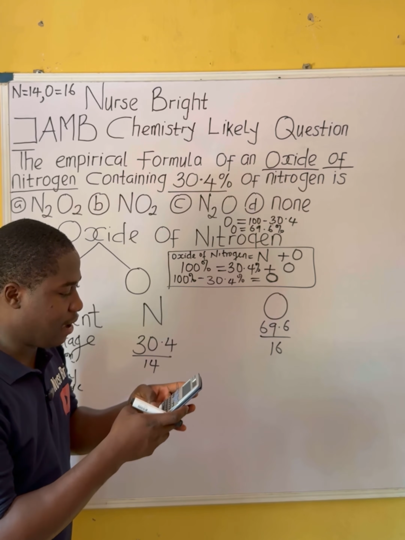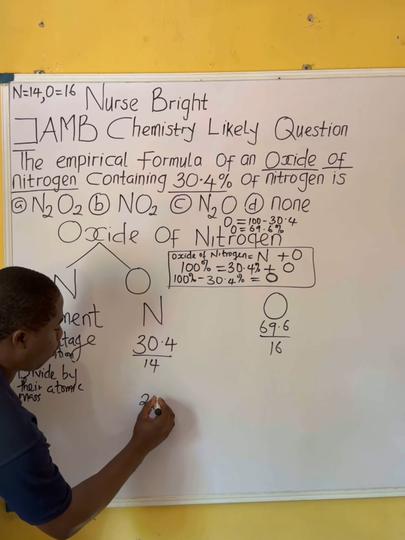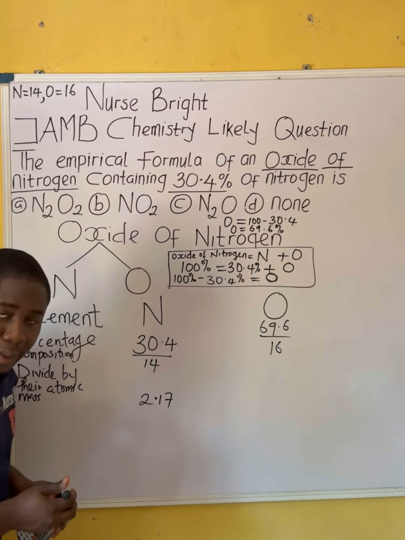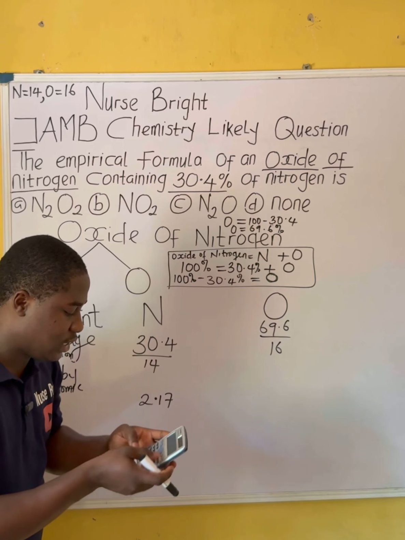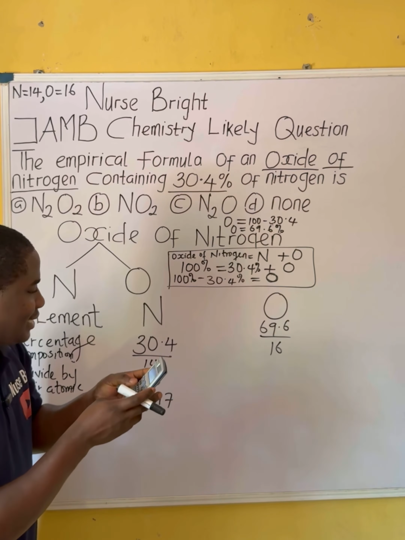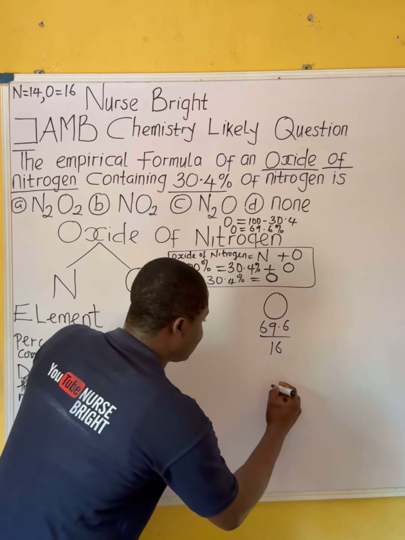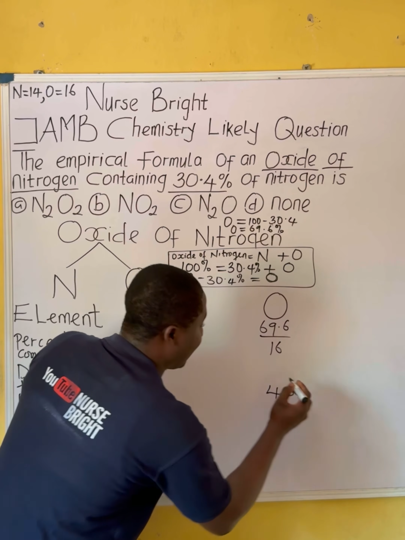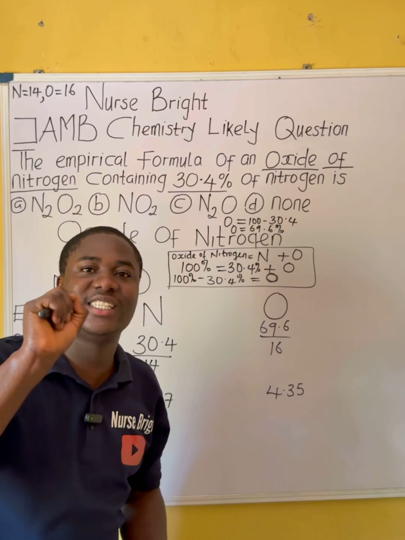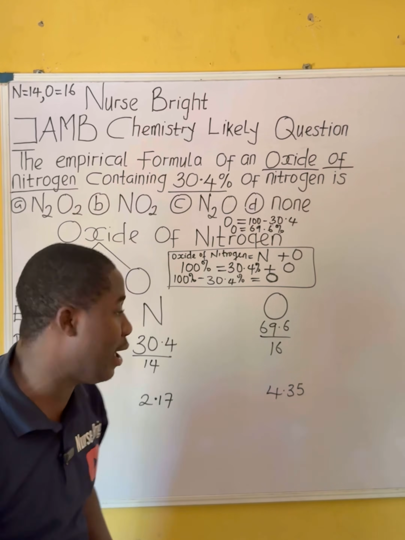All right, divided by 14. That's about 2.17. I believe you guys are following. So let's do the same for this. So 69.6% divided by 16, that is 4.35. Are you there?